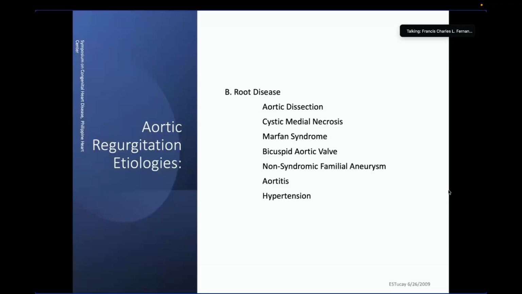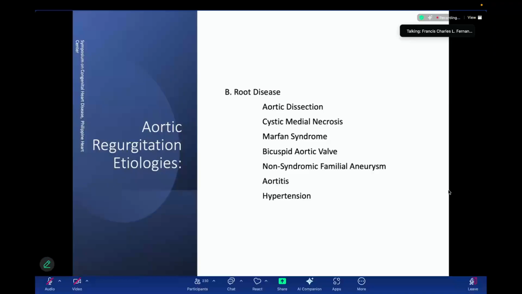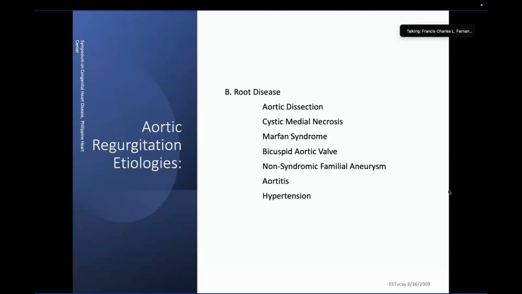But if you have a problem such as cystic medial necrosis, Marfan syndrome, such as collagen synthesis problems, these give weakness to the aortic root. So bicuspid aortic valve, non-syndromic familial aneurysms.